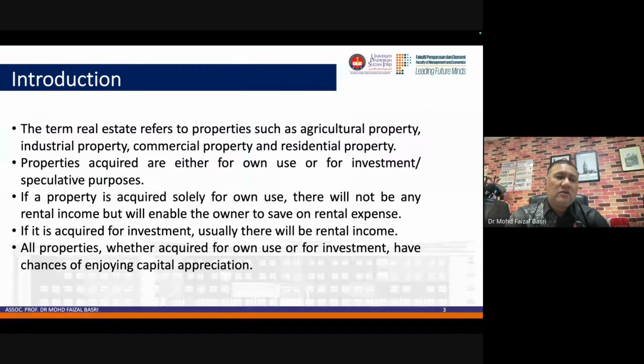And then we have commercial. So commercial is of various kinds, including business units, shop lots, shopping malls, all of which come under commercial property. Okay, and last but not least, the traditional residential.